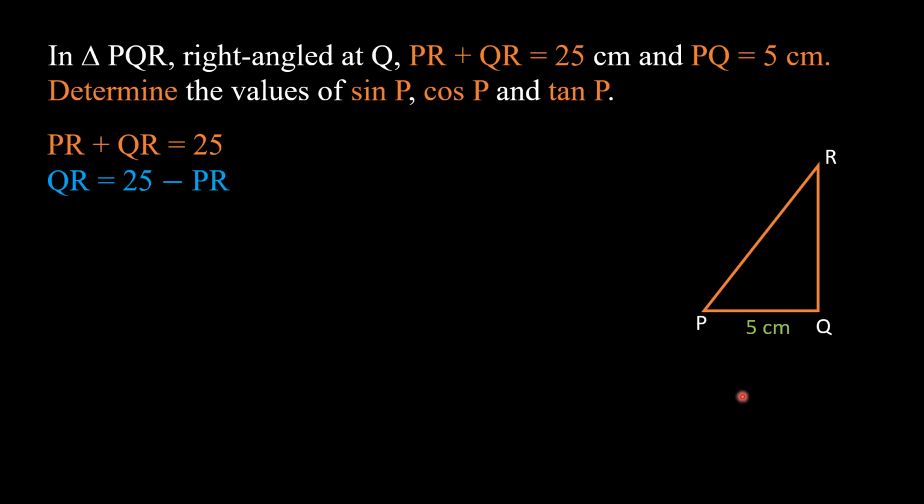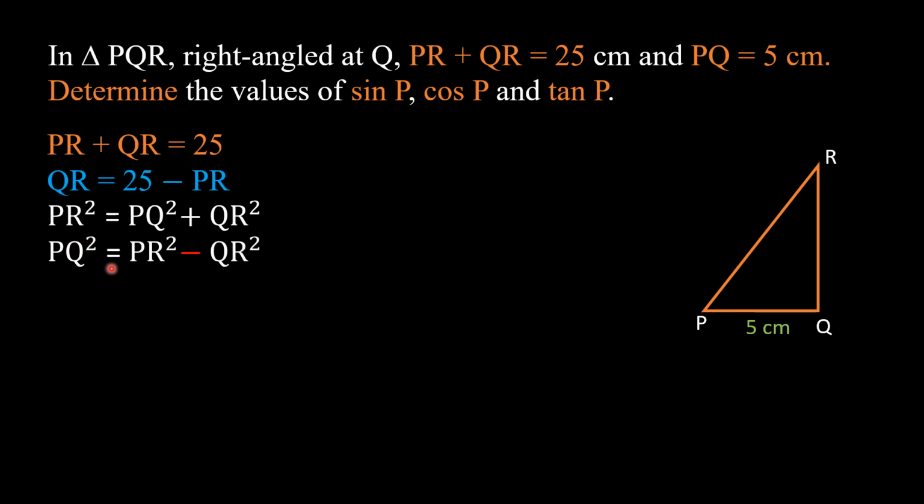Now we will use Pythagoras and write PR square equals PQ square plus QR square. Now since PQ is given, we will express PQ in terms of PR and QR. PQ square equals PR squared minus QR squared. Now PQ is 5 cm, so it will be 5 squared.